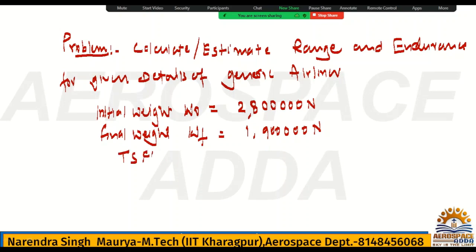TSFC or CT is given as 1.68 times 10 to the power minus 4. What is the unit? It is given in Newton by Newton second.